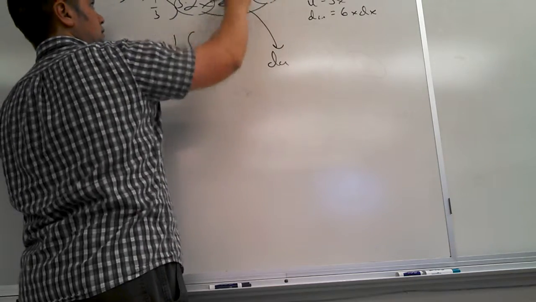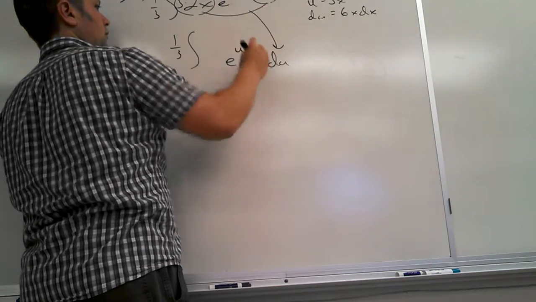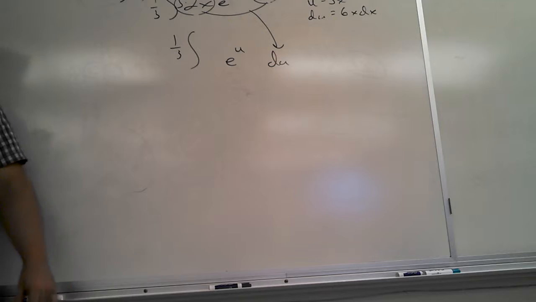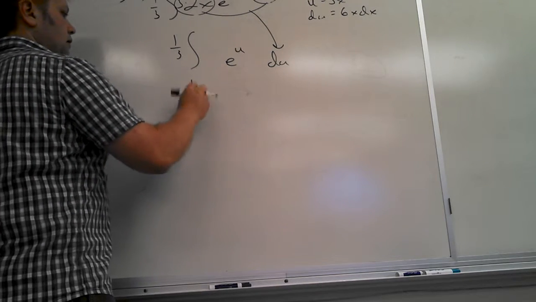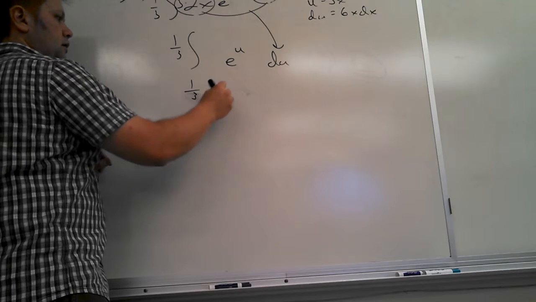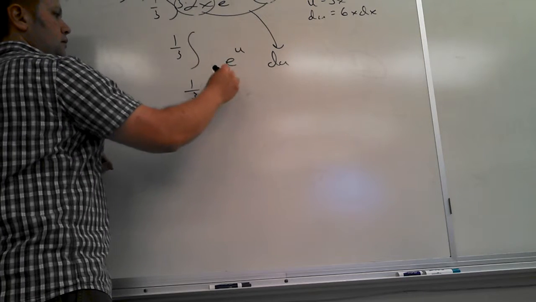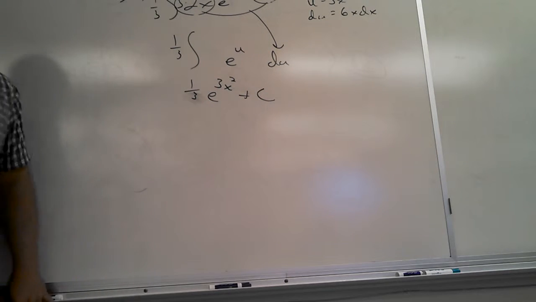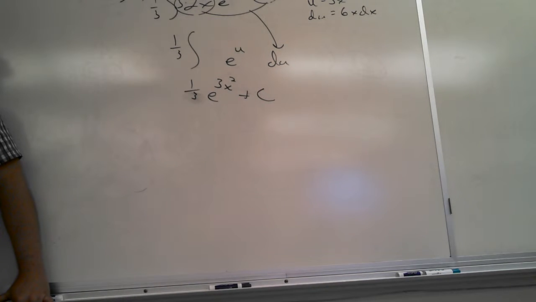And then e to the 3x squared is e to the u. And then here you go. Thank God, or thank whatever your deity of the day is. 1/3 integral e to the u is e to the u, and u was 3x squared. Is that cool? Yes. Not too bad. It looks so clean.